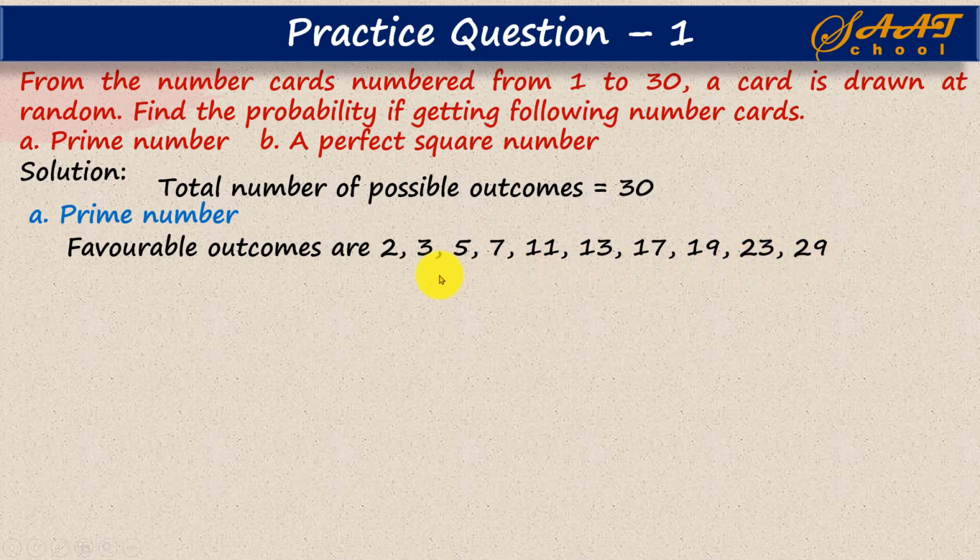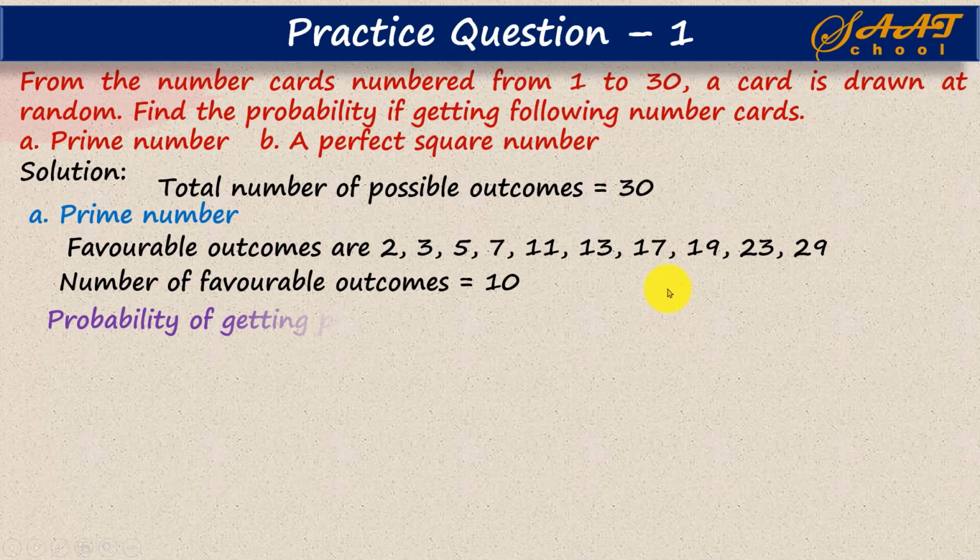So these are the prime numbers from 1 to 30, and these are favorable outcomes because we are looking for prime number, and the ones that we are interested in are favorable outcomes. Now if you count, that would be 10. 1, 2, 3, 4, 5, 6, 7, 8, 9, 10. So there are 10 favorable outcomes.